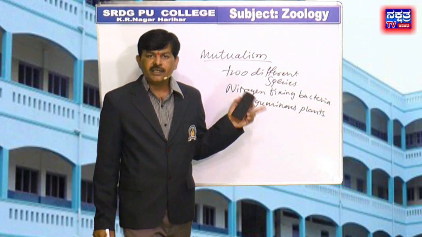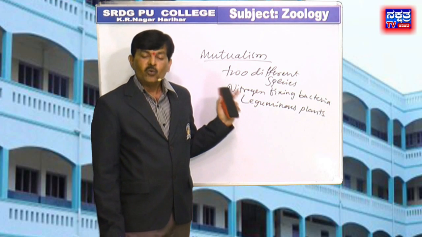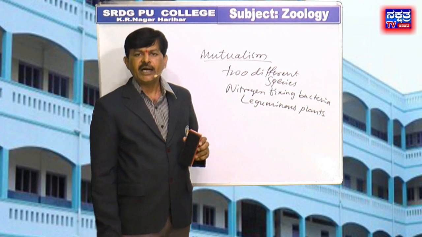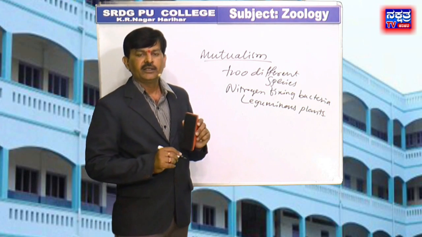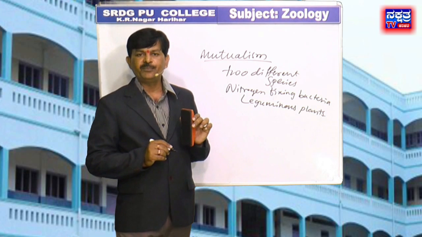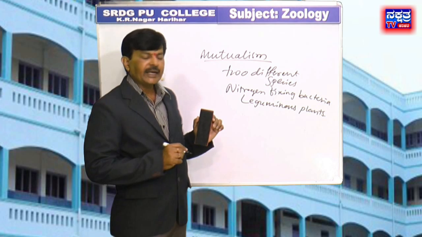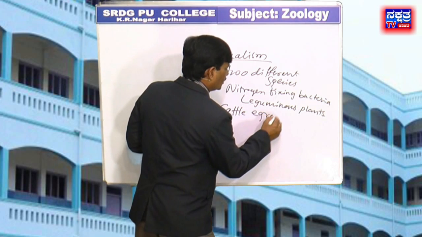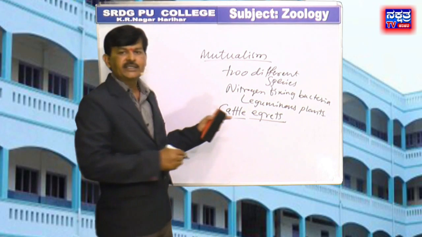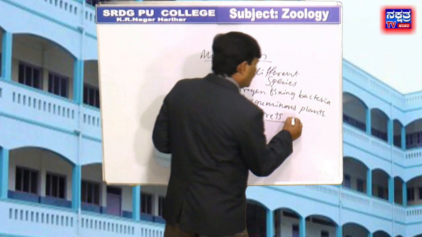Next option, commensalism. One species is benefited and the other one is neutral. For example, the relationship between cattle egrets and cattle.